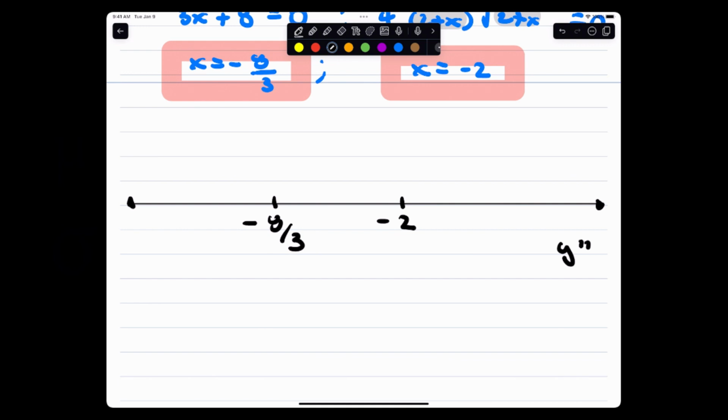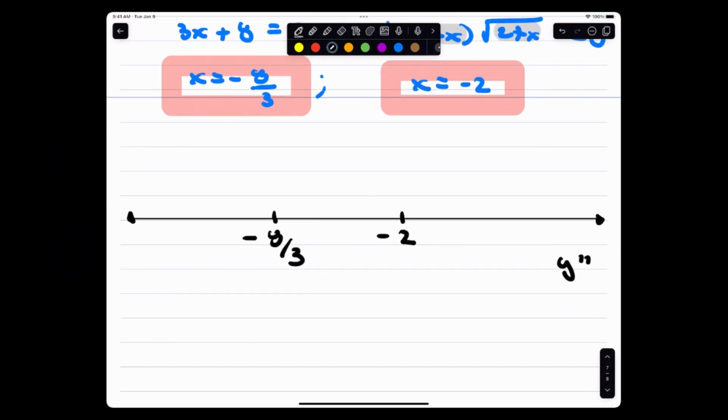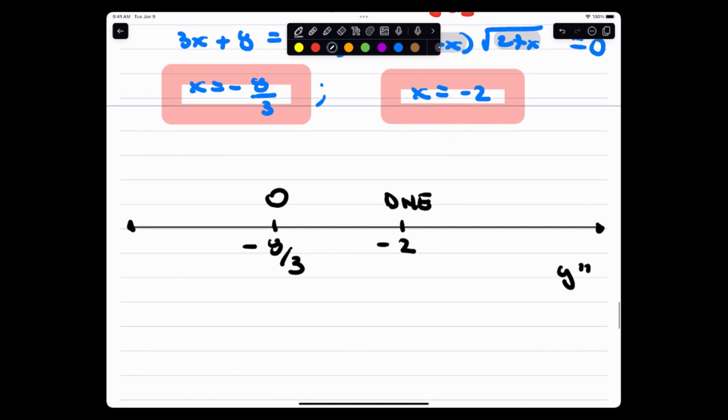Because negative 8/3 is like negative 2 and 2/3. So what does this actually mean? This is where my second derivative is 0, and this is where the second derivative does not exist. Undefined, I guess. Sign analysis calls it undefined, but I want you guys to know this is what's going on, okay?